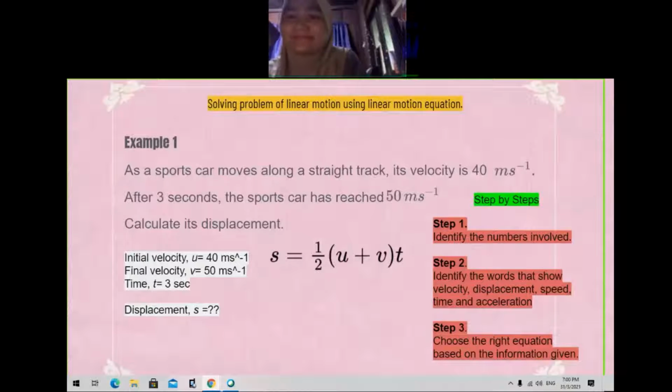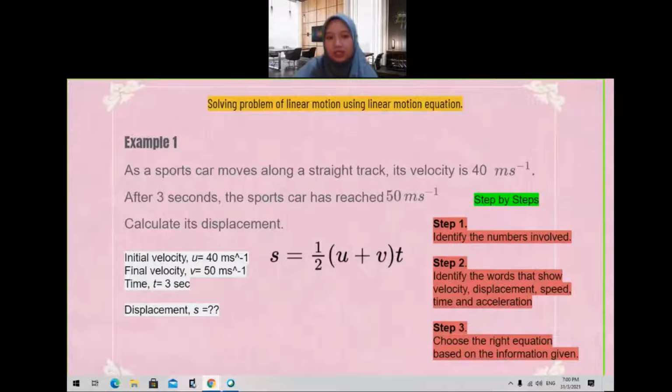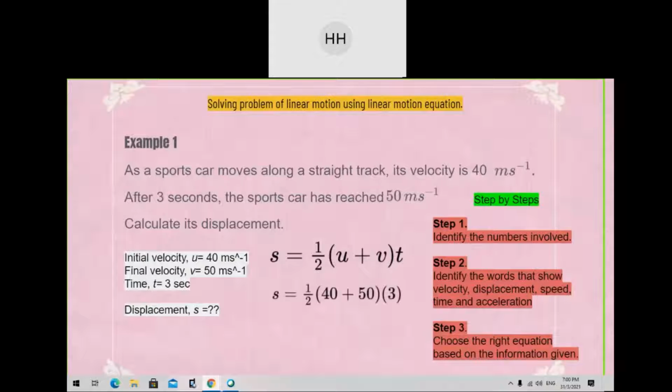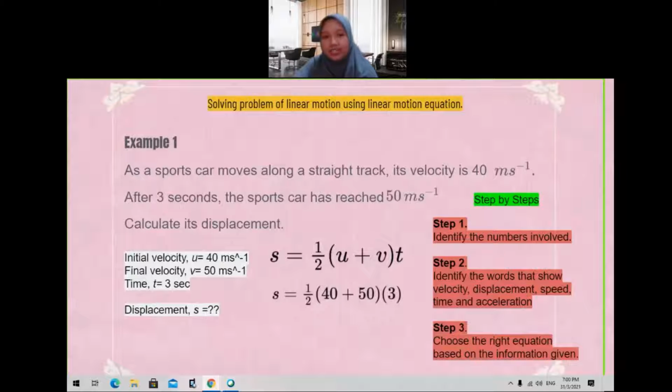We have time, so from here we can get the displacement, as we only use the formula of displacement. So we choose the right equation to enter into our formula, and finally we will get 135 meters. Do you understand? Yes, teacher.